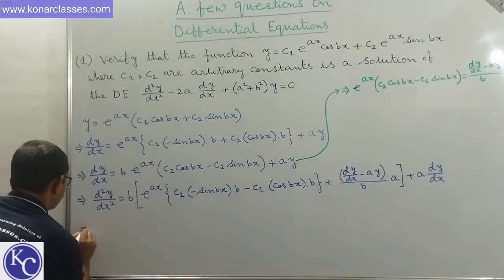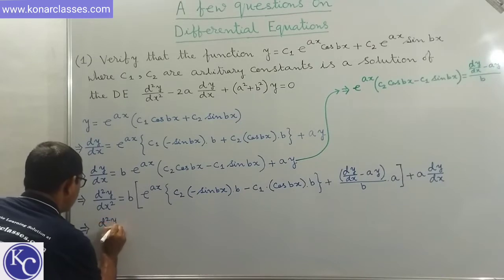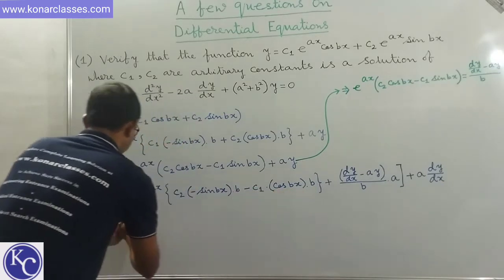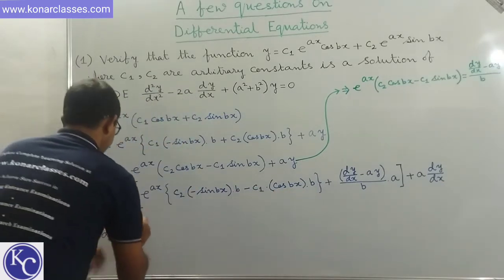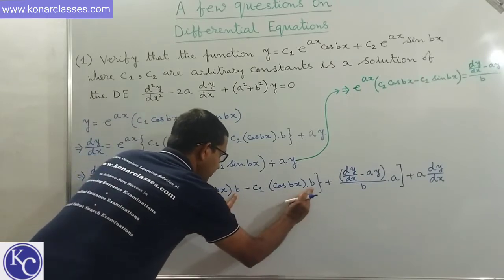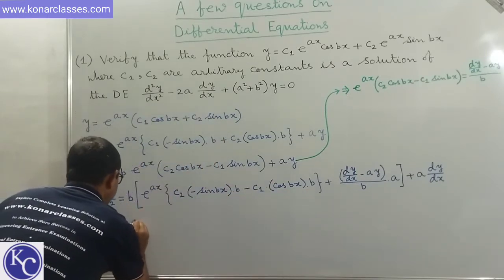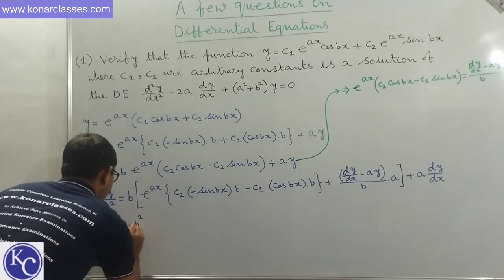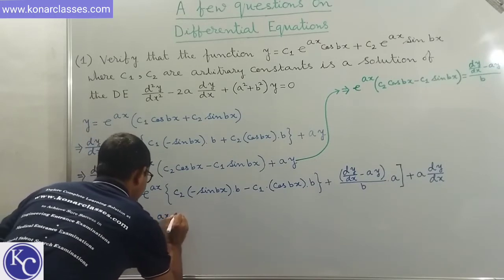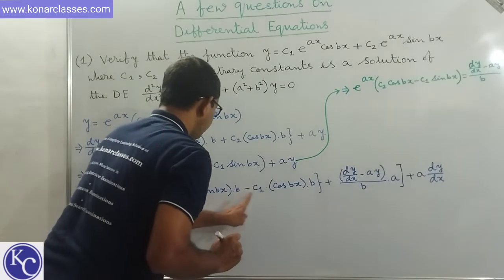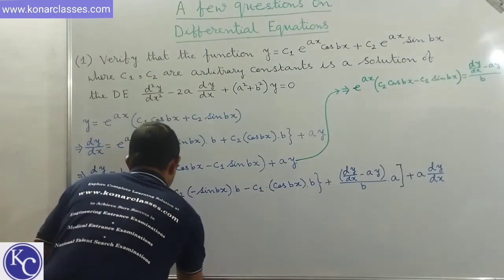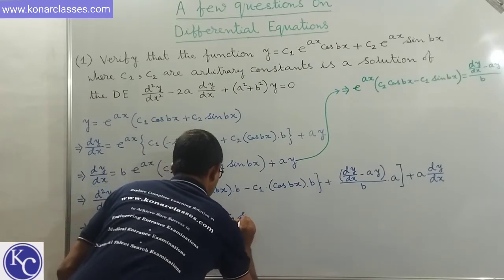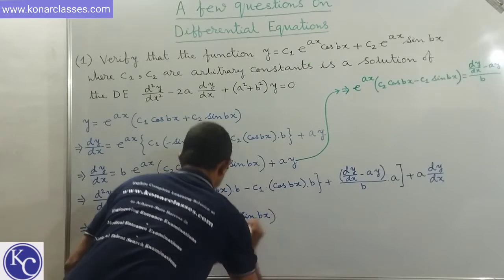So this implies d2y/dx2 is equal to, multiplying with b, it will be b square into, minus and this minus we will take out, so minus will come out, e power ax into (c2 sin bx plus c1 cos bx), or you can write c1 cos bx plus c2 sin bx, correct?